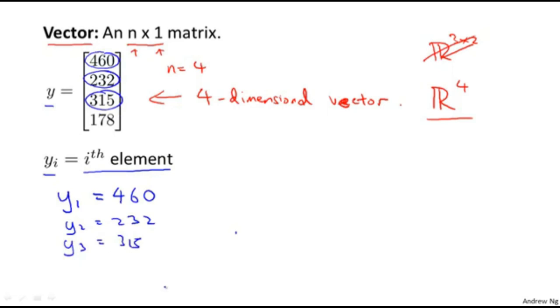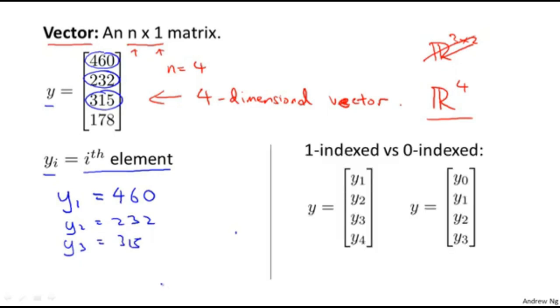Also, it turns out that there are actually 2 conventions for how to index into a vector. Sometimes people will use 1-indexed and sometimes 0-indexed vectors. So this example on the left is a 1-indexed vector where the elements we write as y1, y2, y3, y4. And this example on the right is a 0-indexed vector where we start the indexing of the elements from 0.